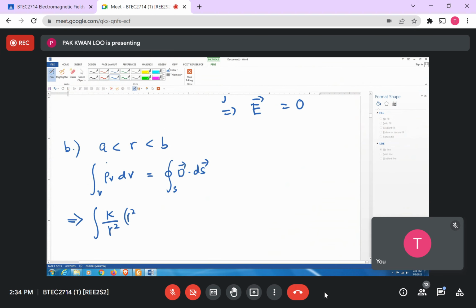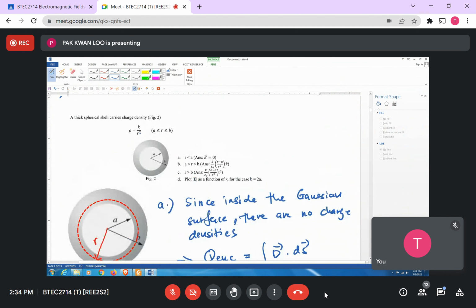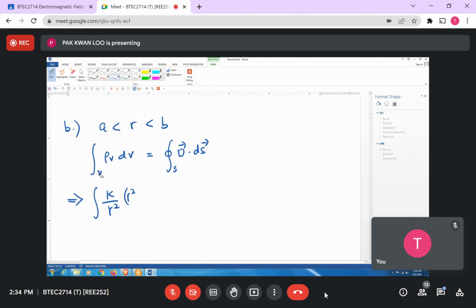So rho v is defined here, which is given as k divided by r square. So that is the volume charge density. dV is the infinitesimal differential volume in spherical coordinates.